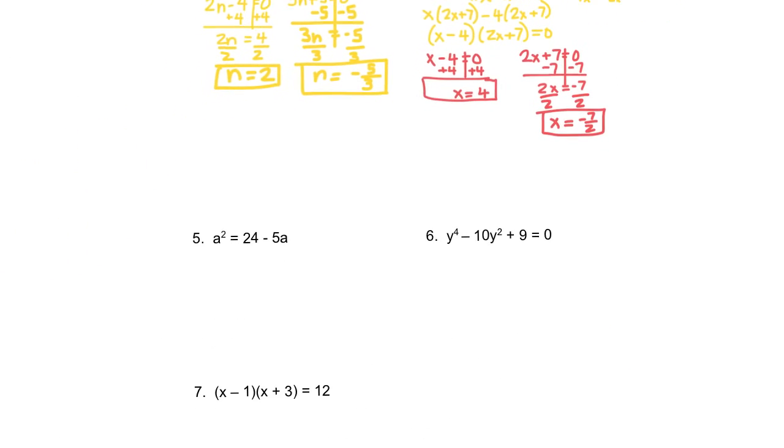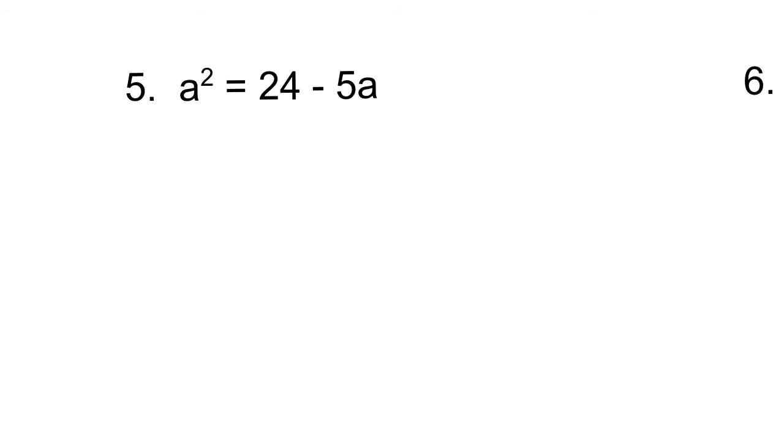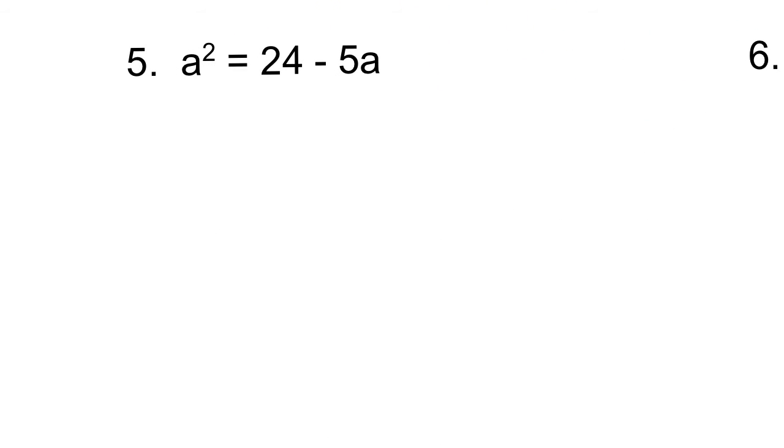Now let's turn our attention to number 5. How is it different? Well, it doesn't have a solution equal to 0. So we need to get everything on one side so that we can solve. So we're going to do the opposite.